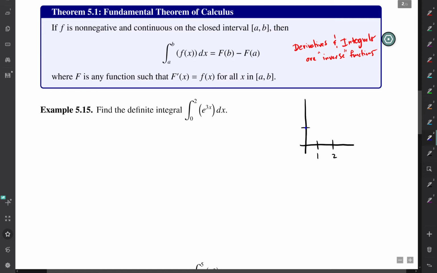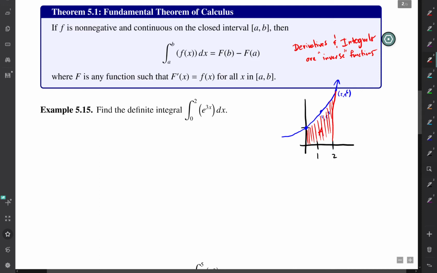It's going to go through 0, 1. Actually, no, it's going to go through 1 comma e cubed, and it's going to go through 2 comma e to the 6th. So it's growing really fast. And we want to figure out what is the exact area of this red shaded region.